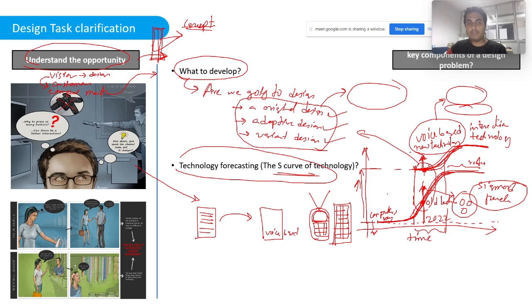So it's very important that we have clarity on the kind of design task we are going to accomplish over the period of the project. These are the two main things: what to develop and what sort of technology we should be adopting. Okay, any doubt here?